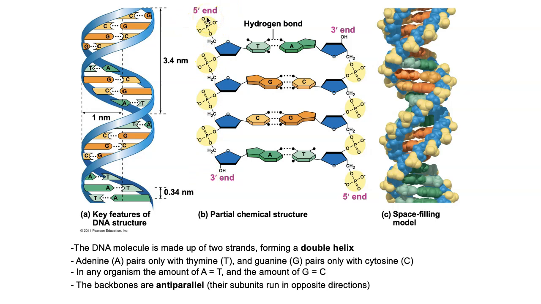They're anti-parallel because they run with the 5 to 3 in this direction and then the 5 to 3 is in this direction. So they're opposite. They're not parallel. If they were parallel, 5 to 3 would both be going in the same direction. But they're anti-parallel.